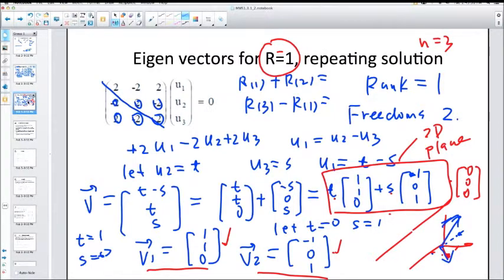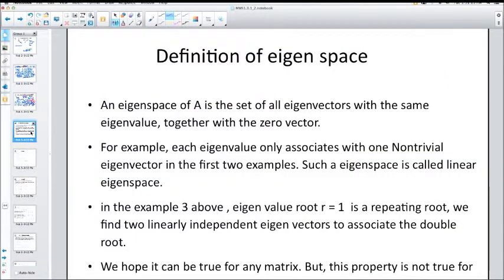So these two vectors make a whole plane. This plane we have a name for, because it is made by the two eigenvectors, we call it eigenspace. Eigenspace is a 2D space. It's just a name to tell you that these eigenvectors make their own space.